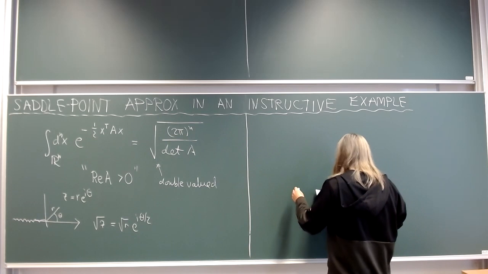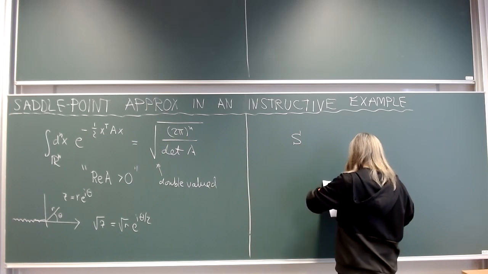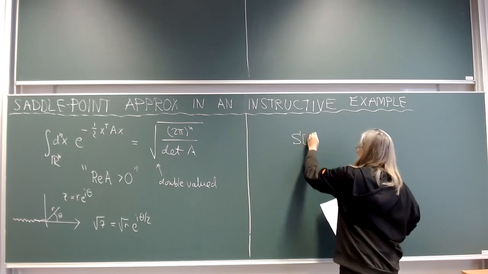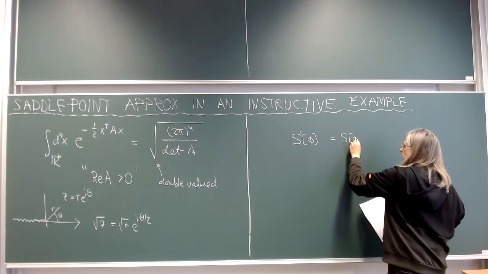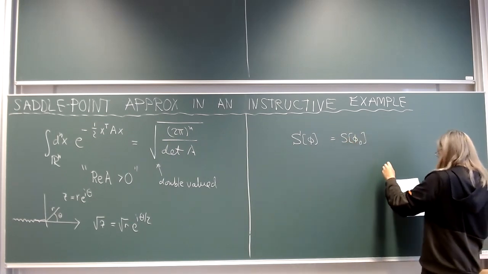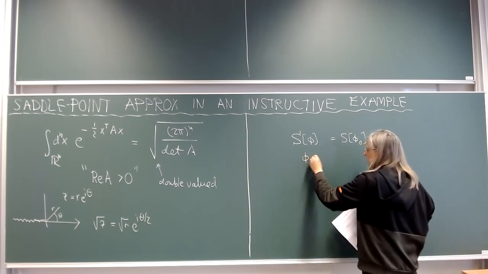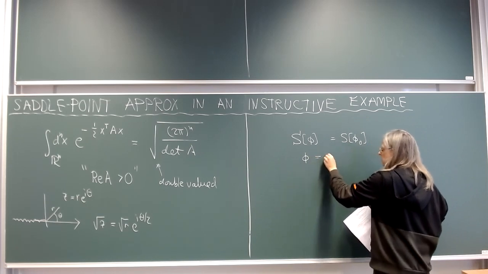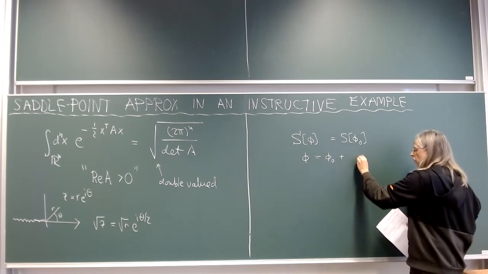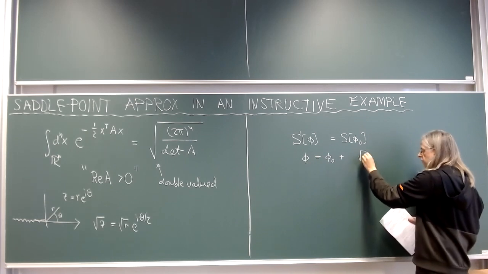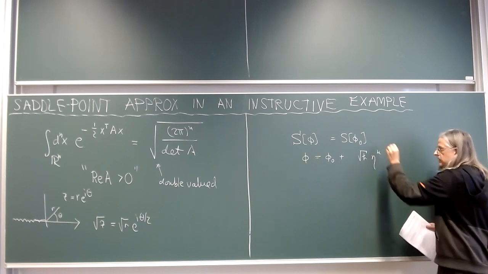And the point is typically that we have some action, and then we are talking about some stationary configuration, which we call phi 0, and then we will expand phi around the stationary configuration, phi 0 plus some quantum correction. And for some reason, I would like to put a square root of h bar here, and then I put a quantum correction to this.